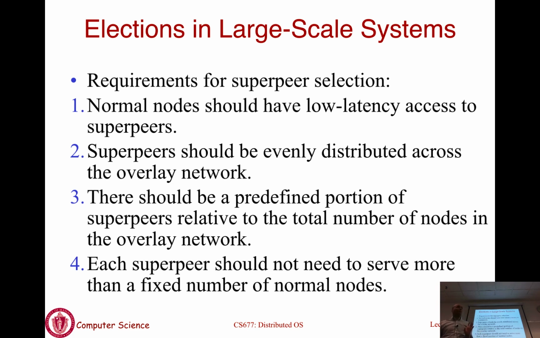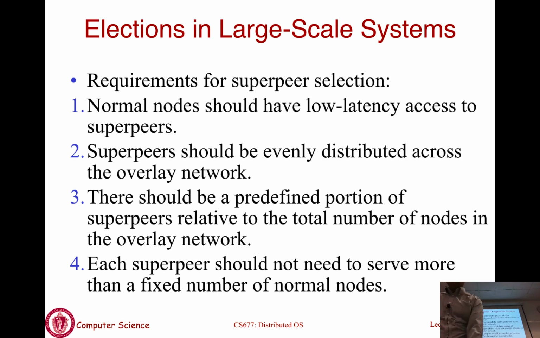So there is a lot more complexity in how you do this in larger distributed systems, especially peer-to-peer distributed systems, where there are a lot more dynamics when nodes come and go. So what happens might actually change over time. Any questions on this? That's not a description of Skype's super peer algorithm. It's simply saying what are some considerations that you might have to take into account when you do leader election in a real application.